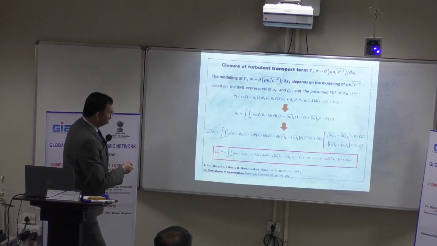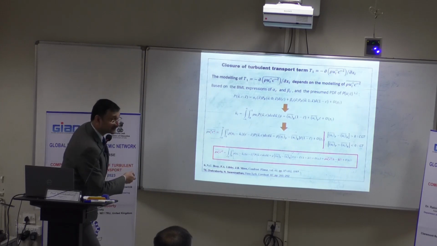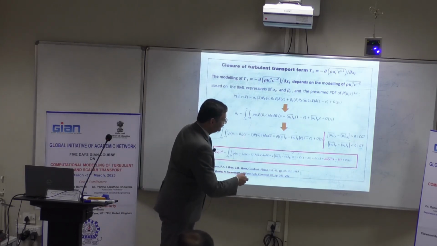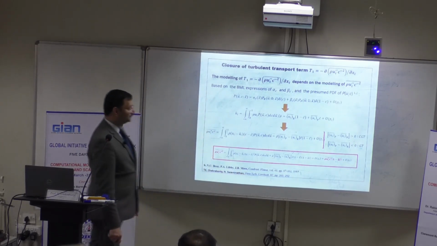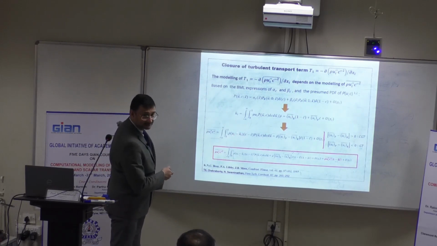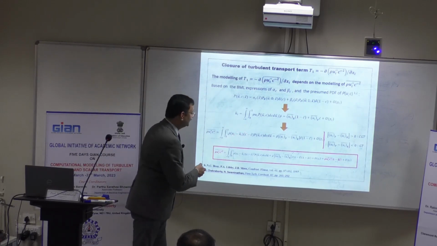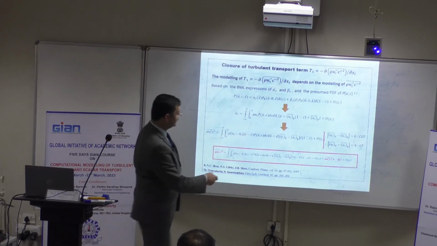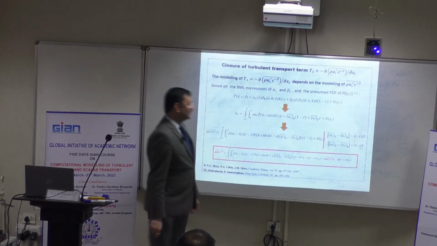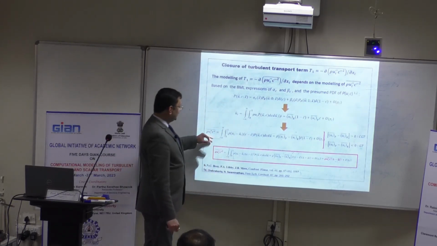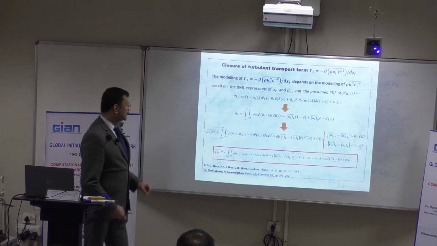If I look at Ui prime C prime, that's basically the turbulent scalar flux, it gives you this relation. Ui prime is Ui minus Ui tilde, C double prime is C minus C tilde, and then I'm basically integrating it, which gives me this. I think it is worthwhile to spend a little more time on that.